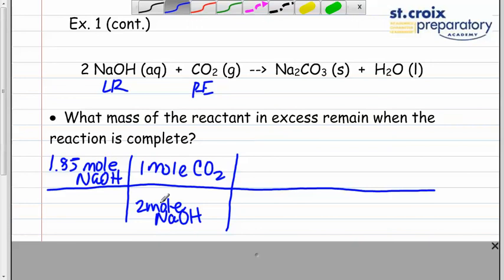Now I need to convert from my moles of carbon dioxide, which I'd be in right now, into grams of carbon dioxide. And we know that in every 1 mole of carbon dioxide, there's 44.01 grams of carbon dioxide.